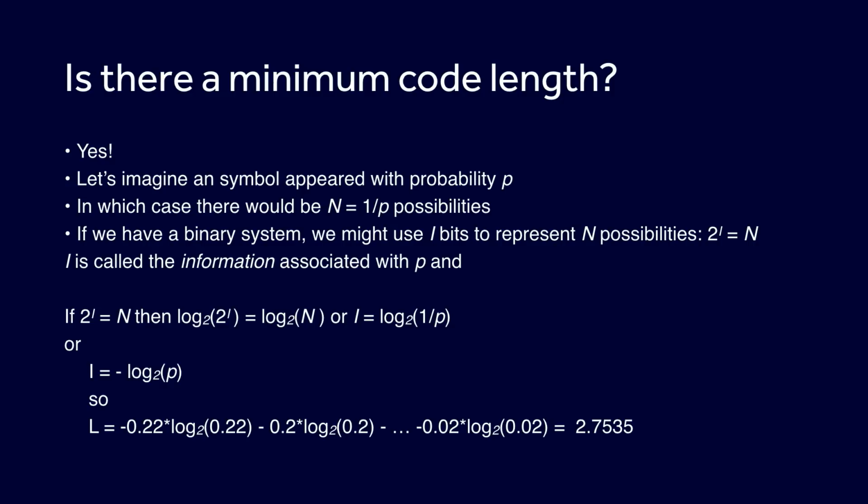So 2 to the I is n. And that relation, you can write it like that, or the way Shannon wrote it, is like this: I equals minus log base 2 of p. And if you're scratching your head about that, you just apply a few logarithms and it's exactly the same. But it's an alternative way of representing probability. So you don't have to say it's a 1 in a million chance, as you might do in everyday conversation.